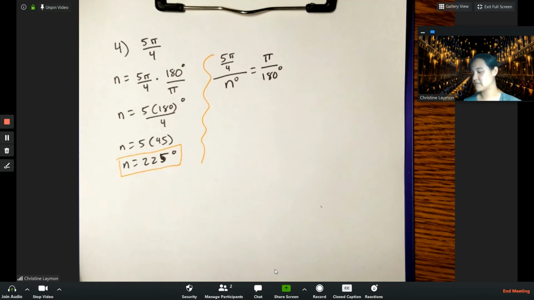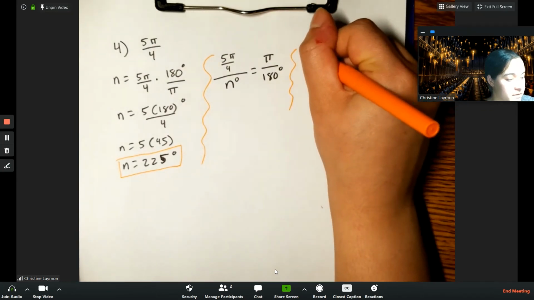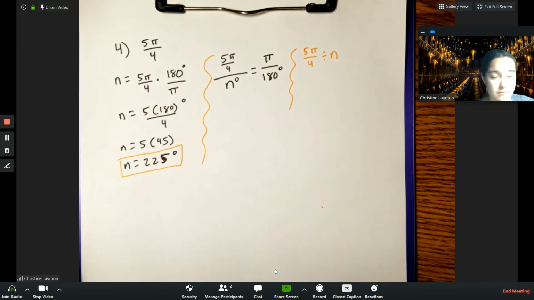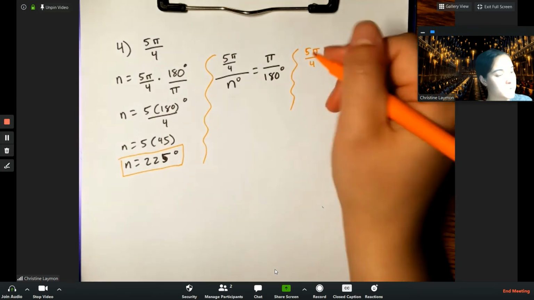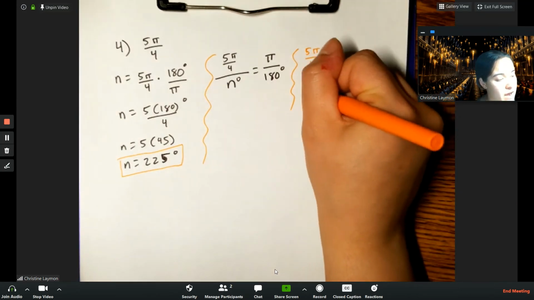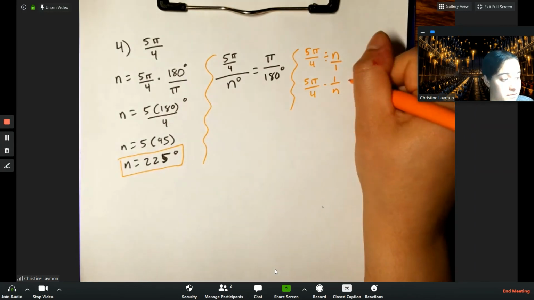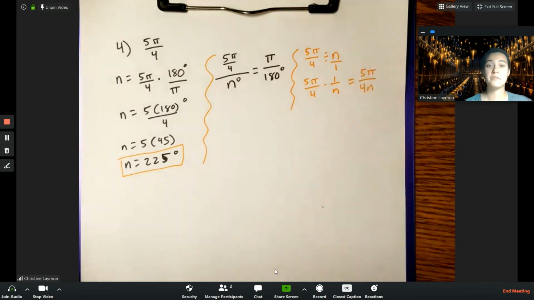Again, off to the side here, I'll show my little scratch work. I'm thinking of this as saying 5 pi over 4 divided by n. Remember, dividing by n is the same thing as dividing by n over 1, and dividing by a fraction is the same thing as multiplying by the reciprocal, 1 over n. Meaning what I have is 5 pi over 4n.